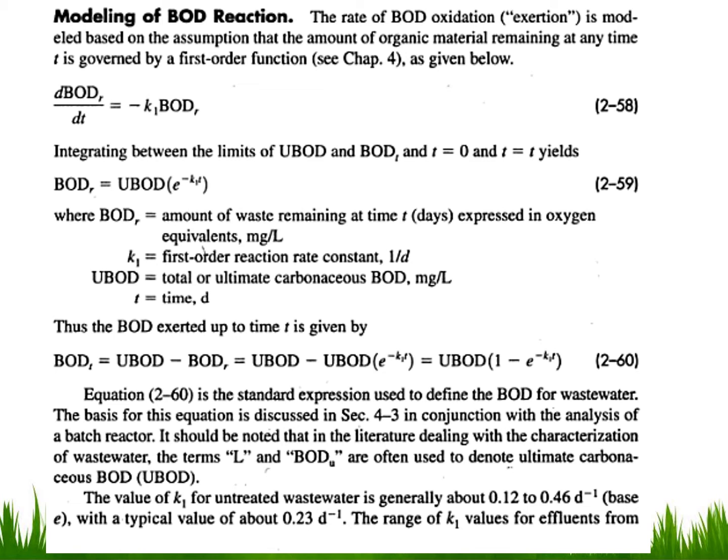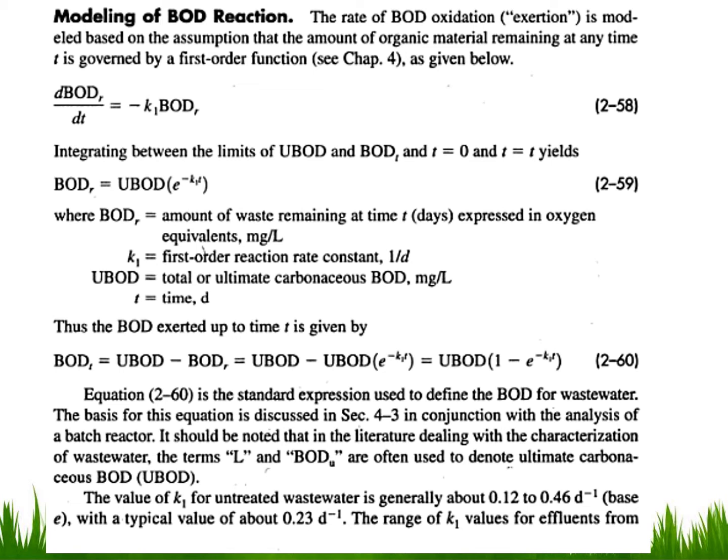After integration we get this equation, and now taking it common, we can express it like this. So this is almost the same equation. Earlier we expressed it in terms of Yt, now it is BODt.